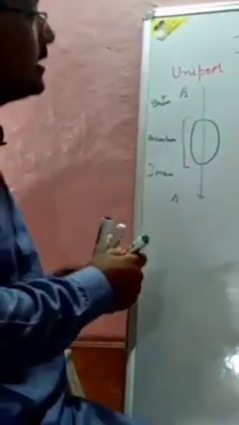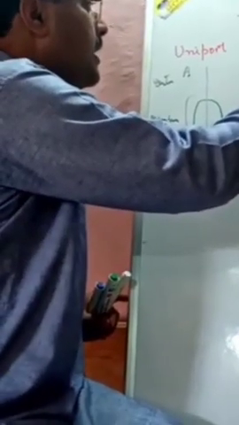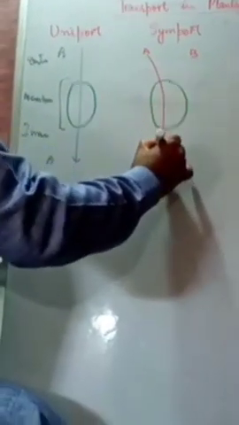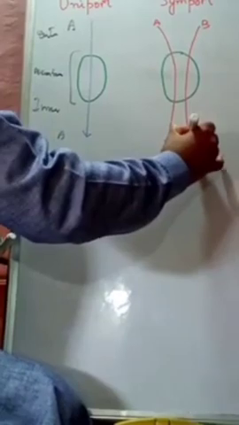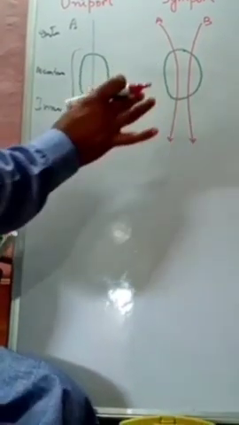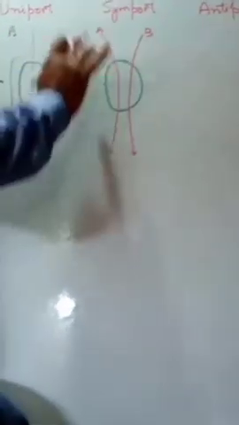In the second case, what happens if this is the carrier protein? There is particle A, a molecule A, and molecule B, and here we will see two particles transported at a time, from the outer to the inner.